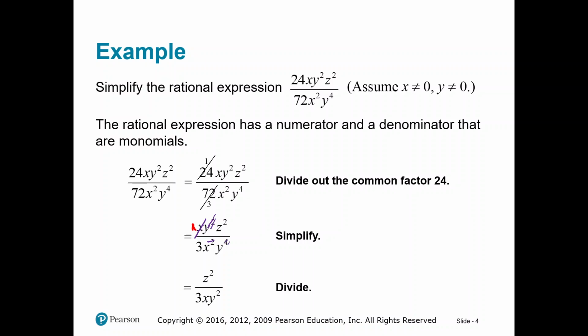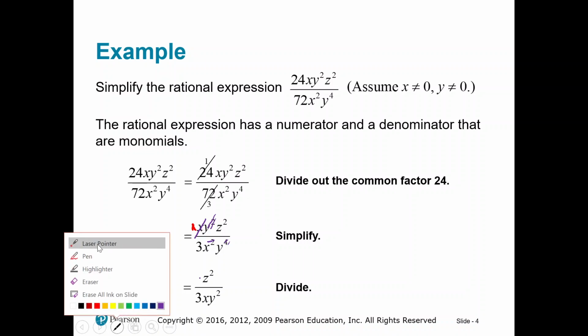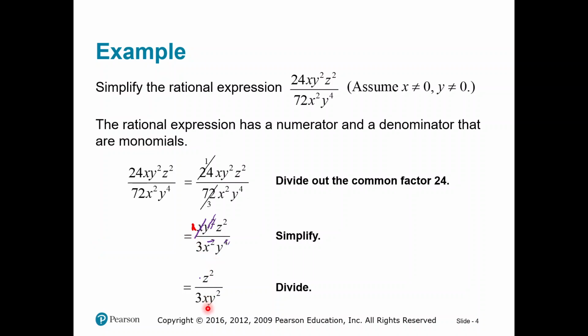And so therefore, I no longer have the x on the top and the y squared on the top. But I do have x in the bottom and then y squared in the bottom. Now, because there is no z in the bottom, the z squared stays on top.